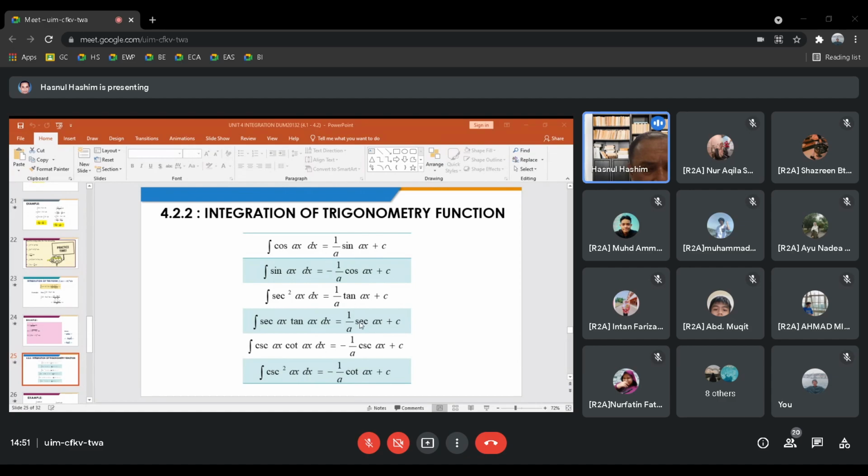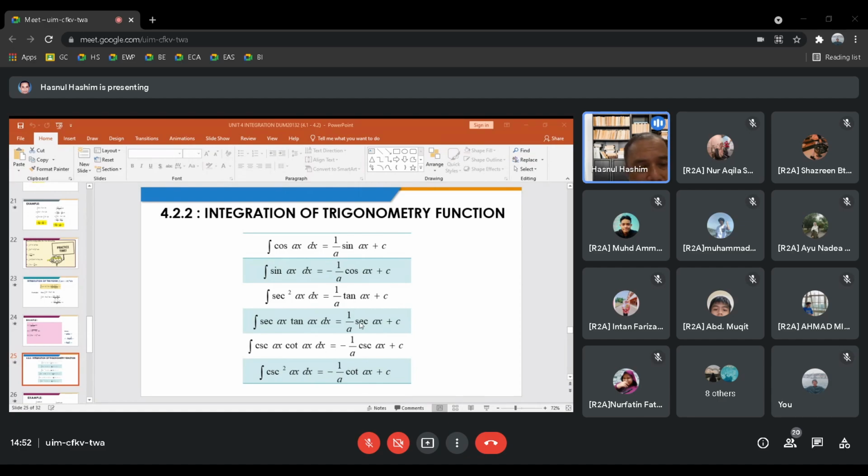When we have the integral of secant ax tangent ax dx, we are going to get 1 over a secant ax plus c. And then when we have cosecant ax cotangent ax, we have negative 1 over a cosecant ax plus c. And then when we integrate cosecant squared ax, we have 1 over a cotangent ax plus c.